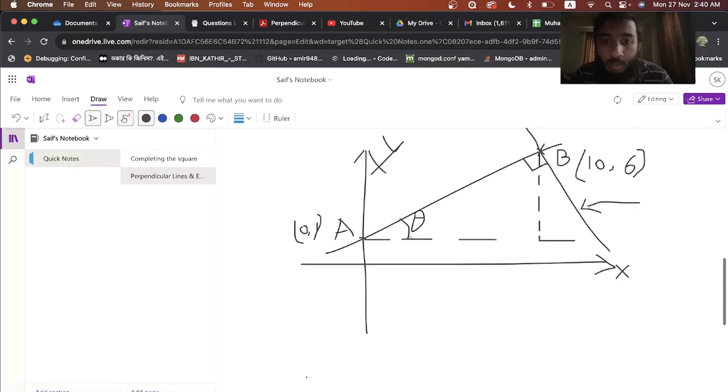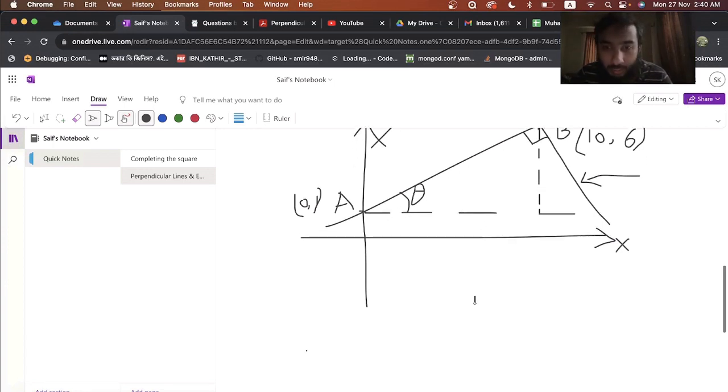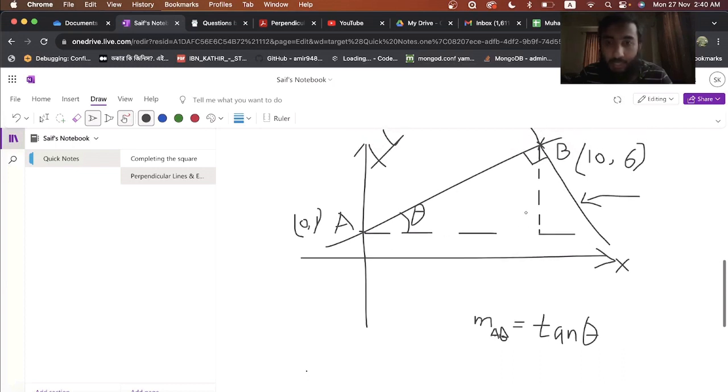So the slope of AB, let's say it's denoted by m of AB, is what? Tan theta, right? Which is perpendicular divided by the base.